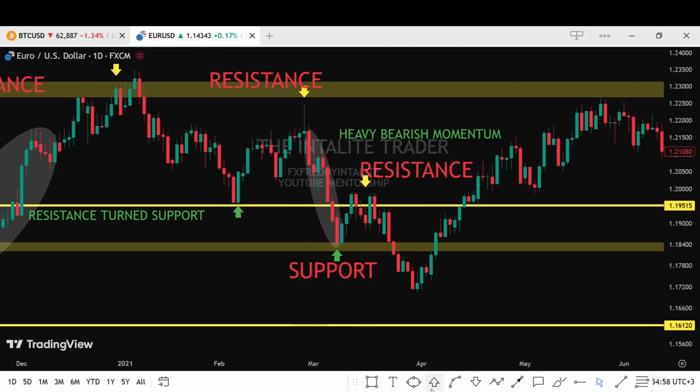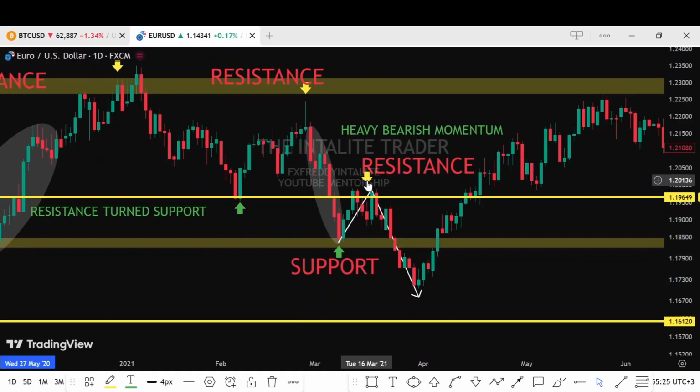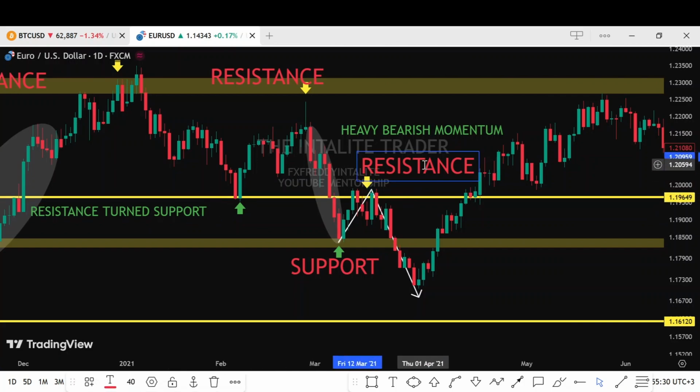So that's why we are saying we would expect it to go higher, but because we already know the direction of the market after this heavy bearish momentum, this price is rejected here and we push lower. So meaning this one becomes resistance. So we say here, this support becomes resistance.